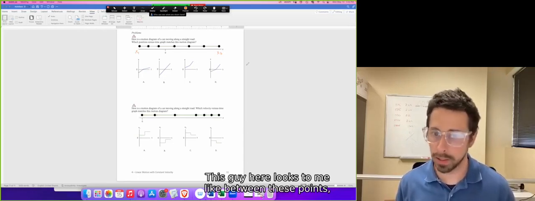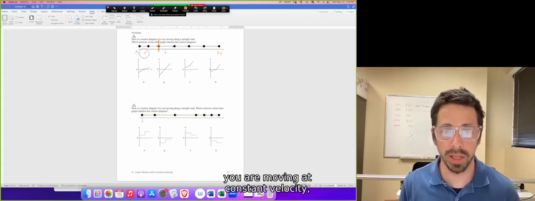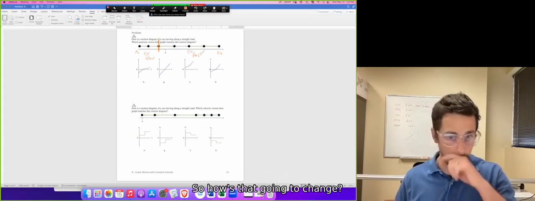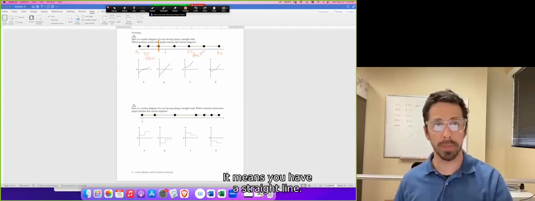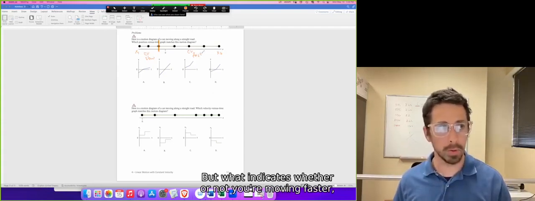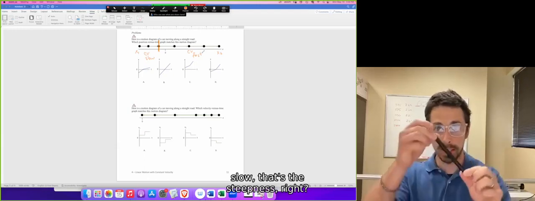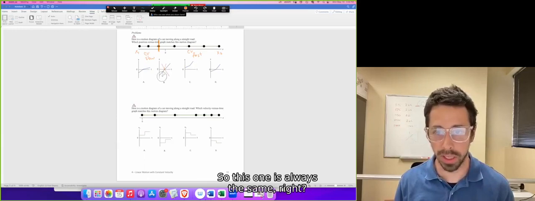This guy here looks to me like between these points, you're moving at constant velocity, but slow. Over here, it's constant velocity, but fast. So how's that going to change? We saw that constant velocity means you have a straight line, but what indicates whether or not you're moving fast or slow? That's the steepness. So this one is always the same.